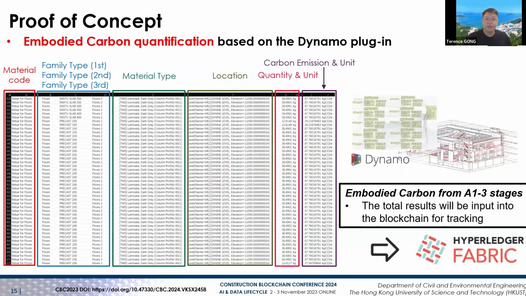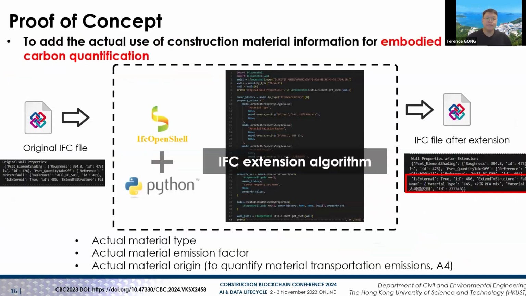We use this information to first get the embodied carbon quantification, which is for A1 to A3. Here, the Dynamo plugin can automatically give us the total results of the carbon-related data from the BIM models. Then in the construction stage, we also have an IFC extension algorithm, which adds actual material information from the construction or supply chain part.